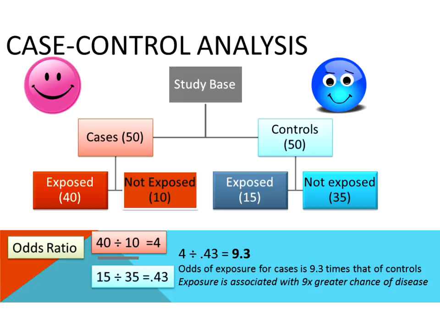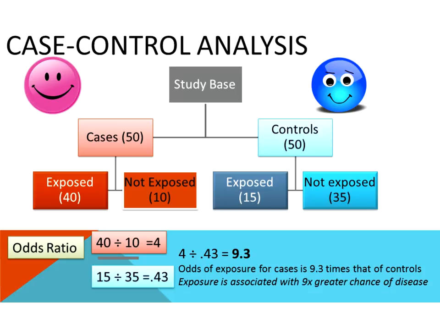So the odds of exposure for cases is 9.3 times that of controls, meaning that exposure, smoking, asbestos, H2S, carbon monoxide, not wearing a helmet when you're riding your bicycle, is associated with a 9 times greater chance of developing the disease.